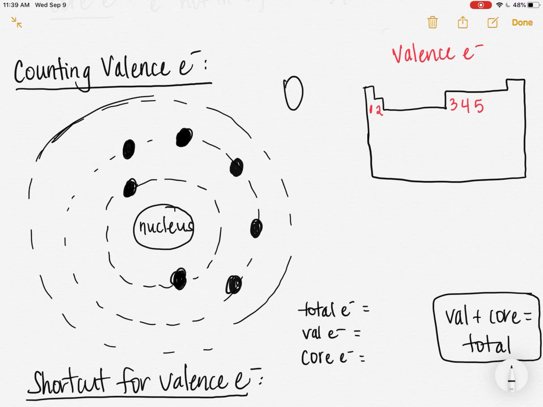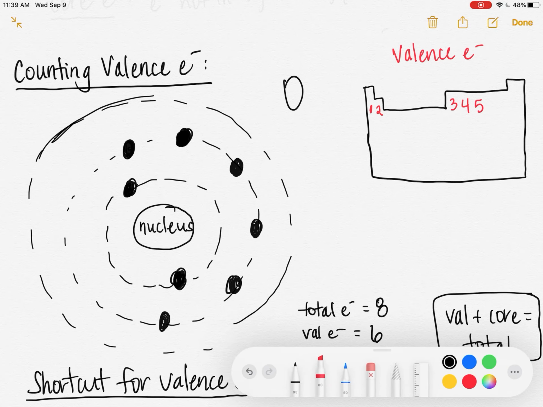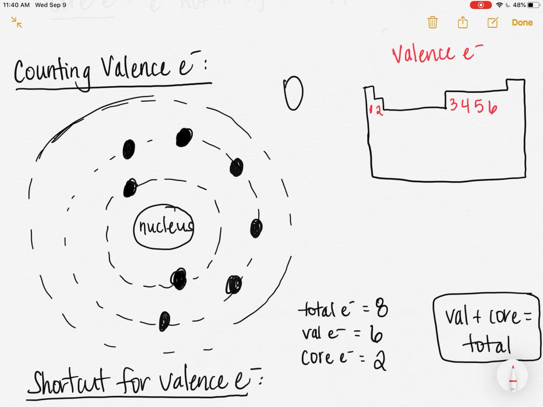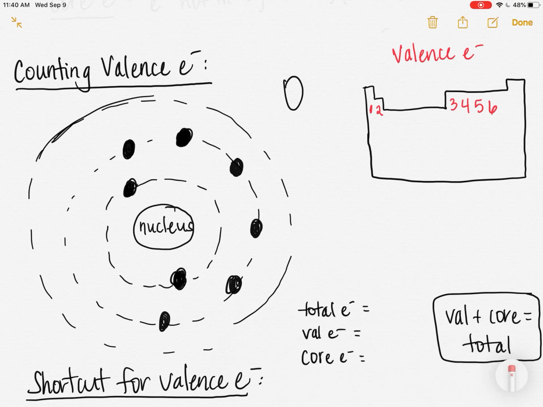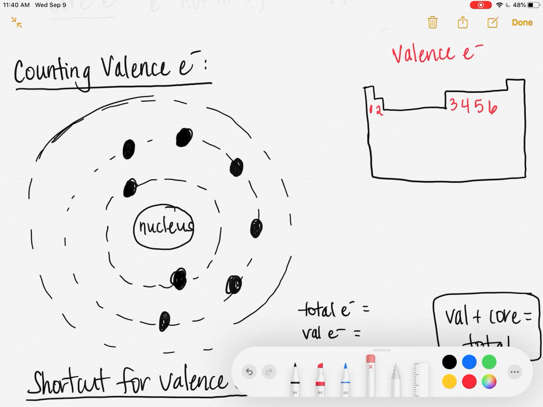Onward, oxygen comes next in this discussion. Oxygen has 8 protons in the nucleus, 8 electrons total, 2 in the first, 6 in the second, 8 total electrons, 6 valence, and 2 core. So filling in my table, oxygen has 6 valence electrons.